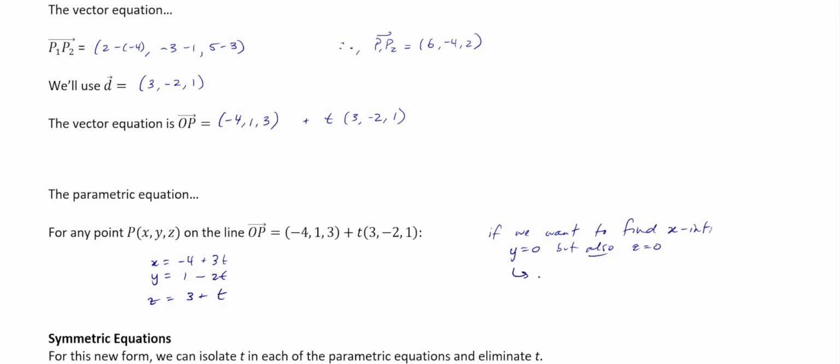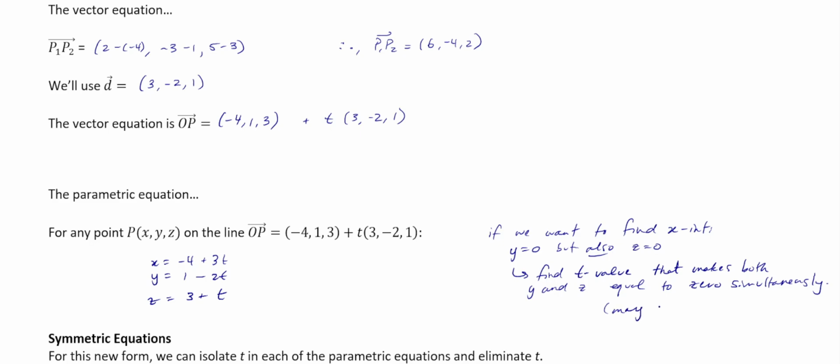So we find the t value that makes both y and z equal to 0 simultaneously. And it may not exist. But that's how you go about finding the various intercepts with the axes.